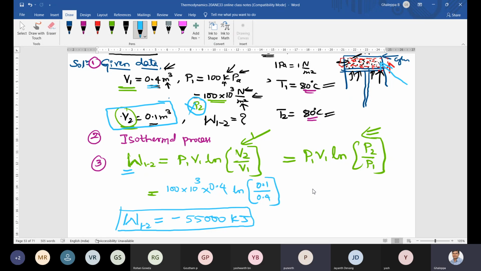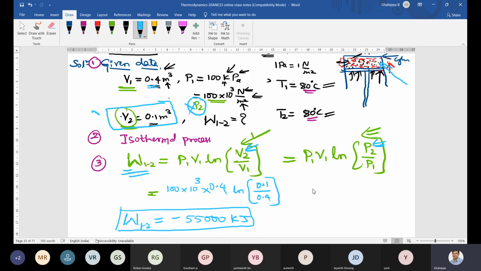How will you calculate V2? Sir, by taking temperature. You tell me how. Because I need V2 compulsorily, or else I need P2. Anyone I must require to solve for the value of work done.